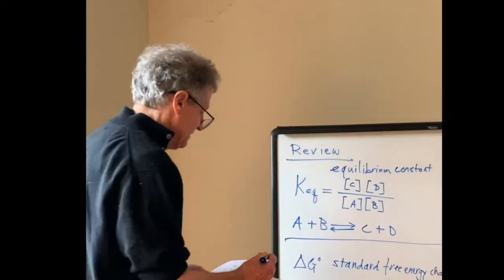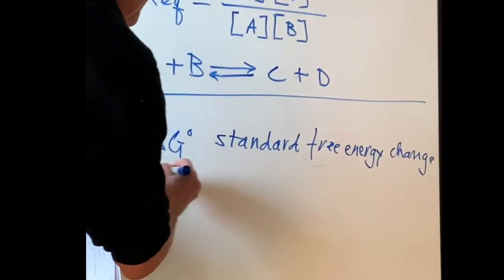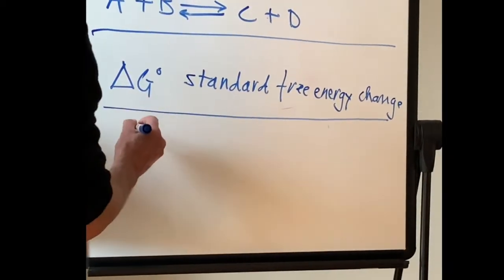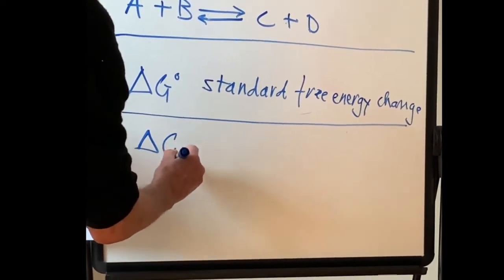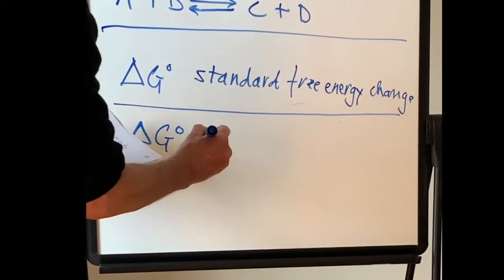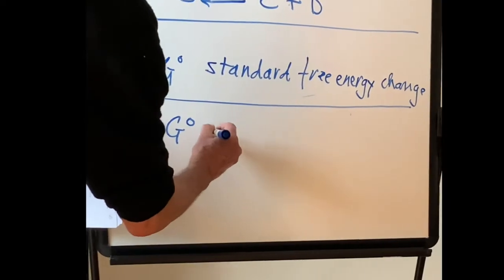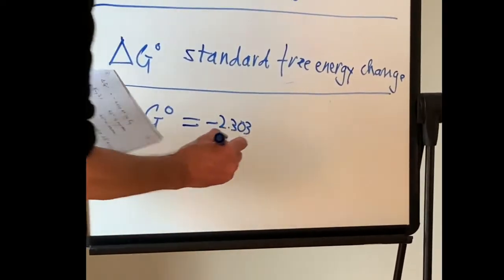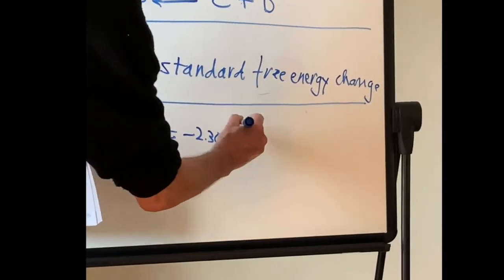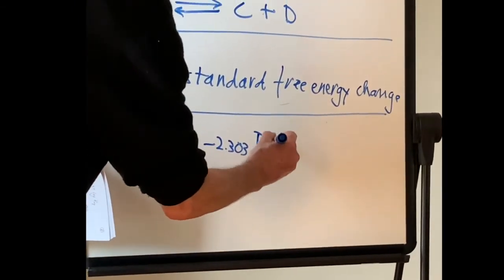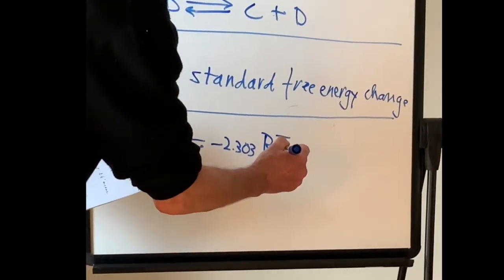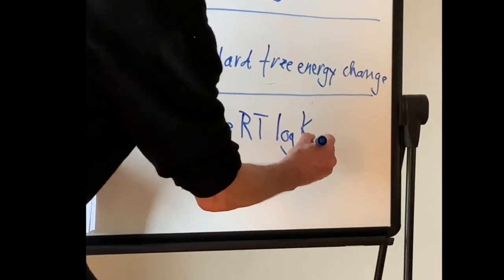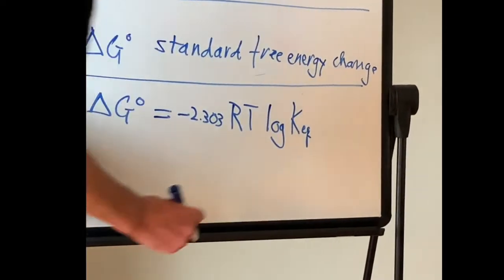These two are related. Here's an equation that you've seen before. I'm going to write out delta G standard is equal to minus 2.303 RT, R is the gas constant, T is temperature, RT times the logarithm of the equilibrium constant, KEQ.